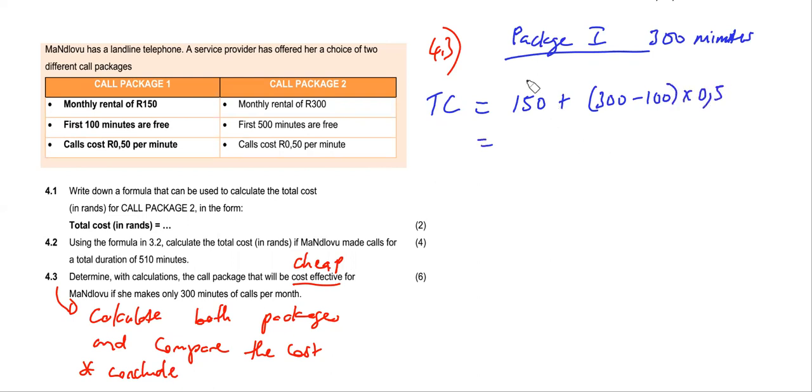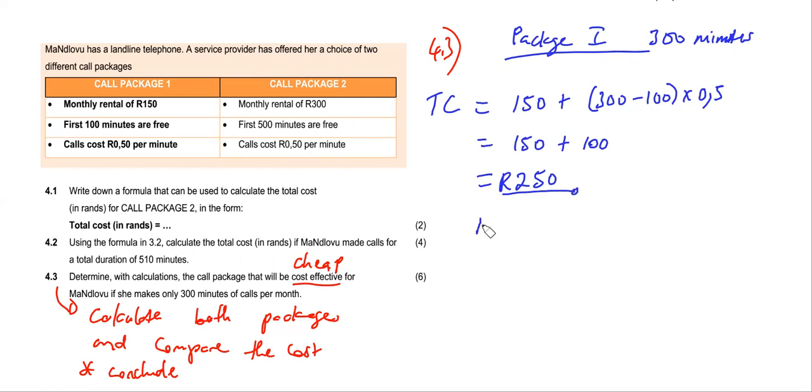So we have 150 plus 300 minus 100 is 200, and 200 times 0.5 is 100. So in this case it's going to be 250. So the cost there is 250.